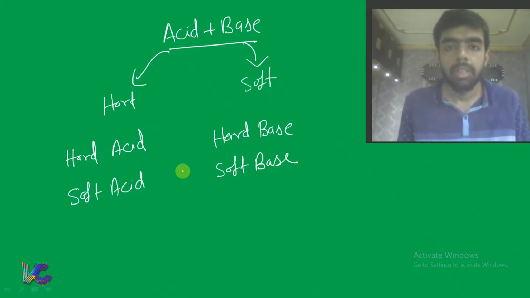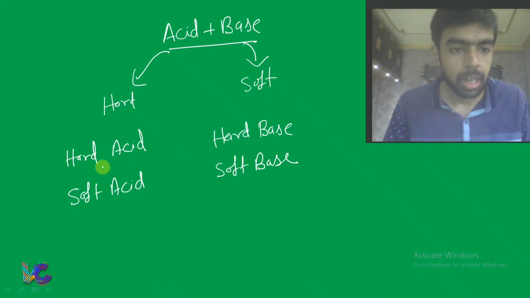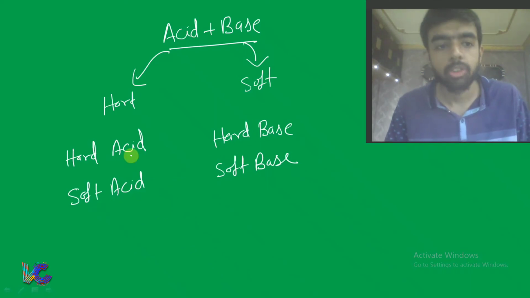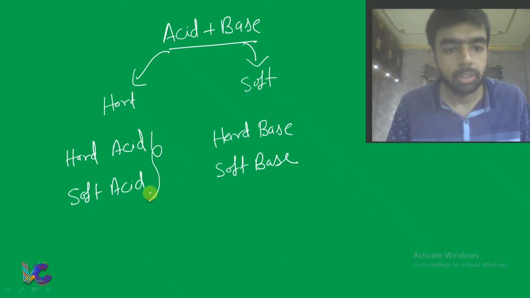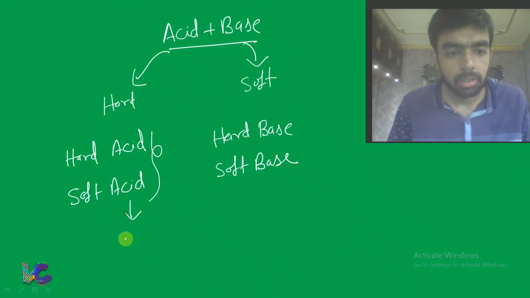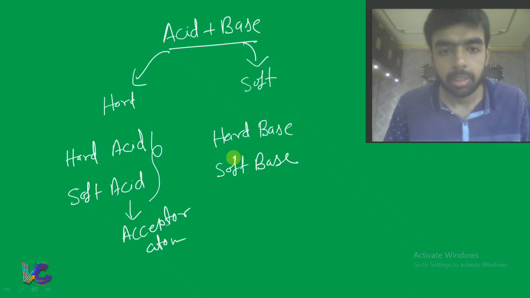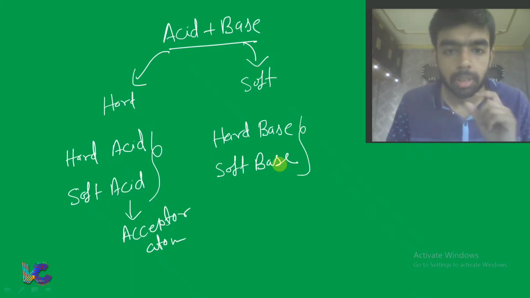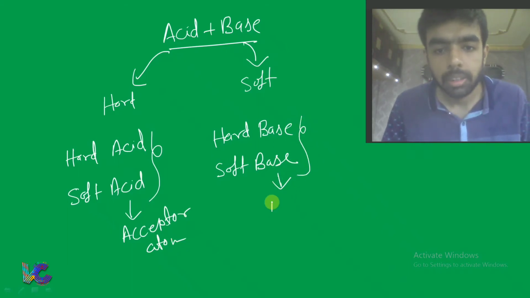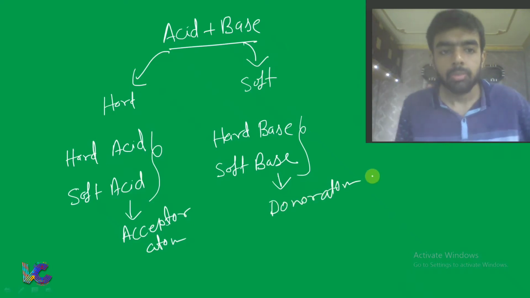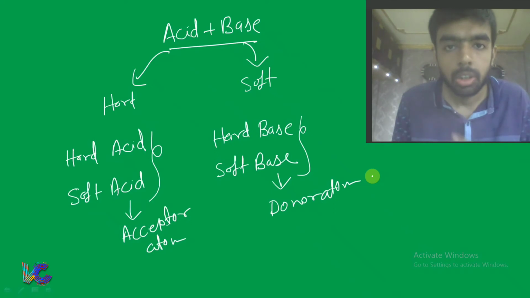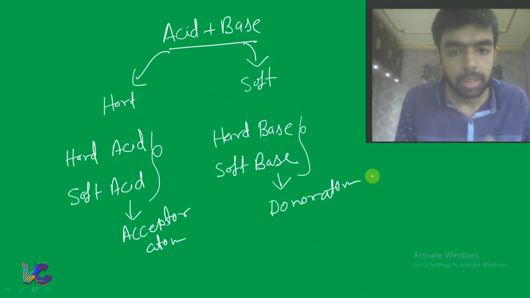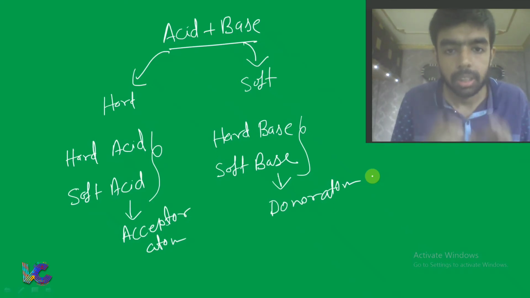So you have hard acid and soft acid, hard base and soft base. Hard acid and soft acid are both acceptor atoms, and hard base and soft base are donor atoms.